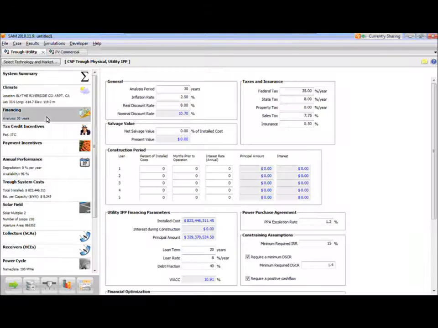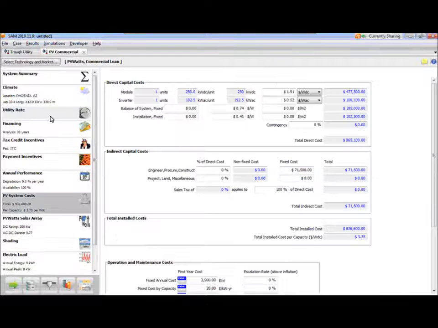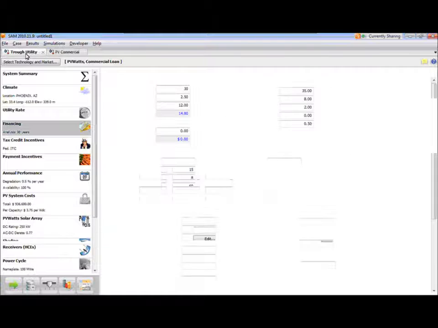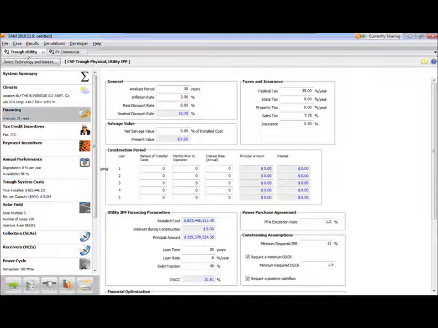Okay, so to get back on track, I was comparing the financing input pages between the utility and commercial case. One thing that's on the utility financing page that's not on commercial is this construction period.